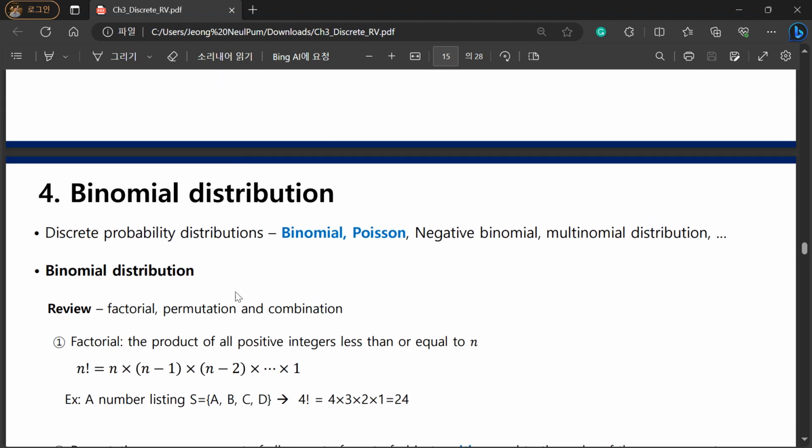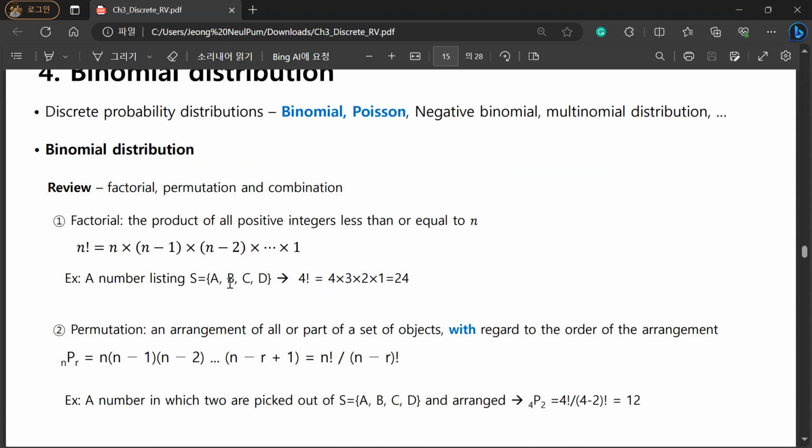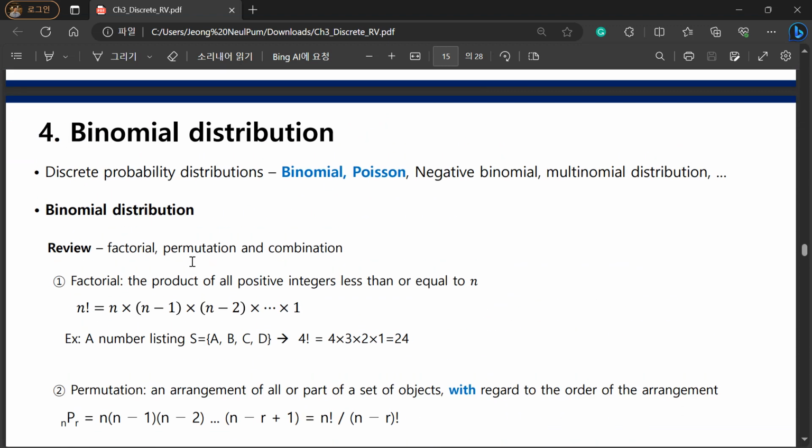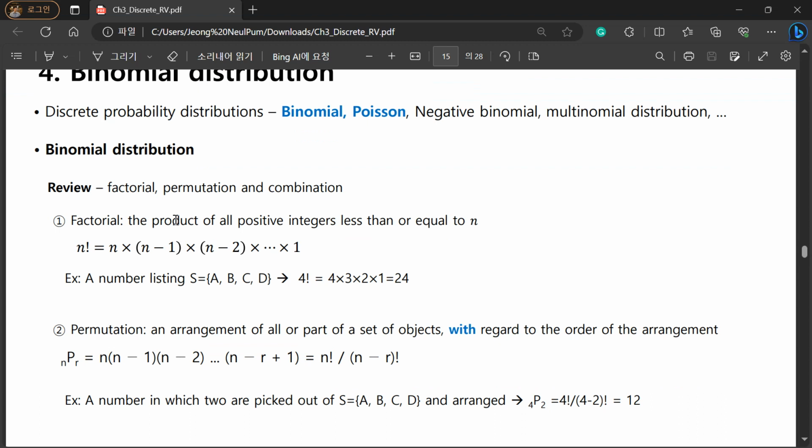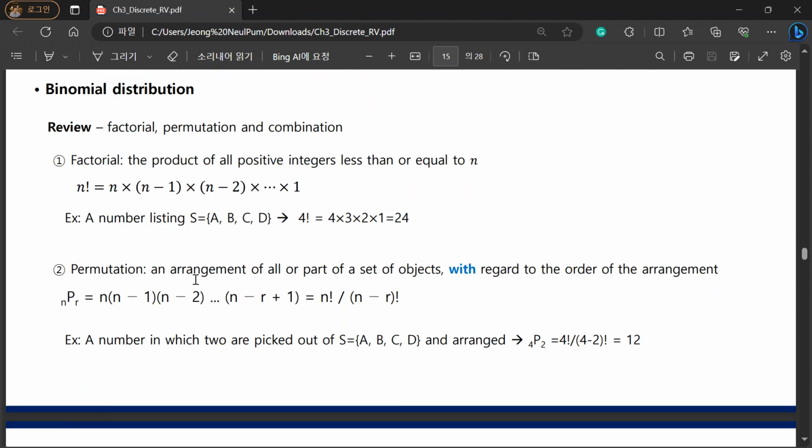We usually deal with the binomial distribution when we have events which exist independently, and we see the result from repeated trials. When we deal with that kind of event, we usually use the binomial distribution.